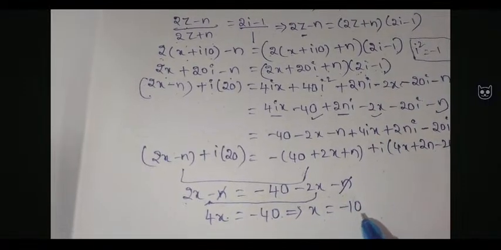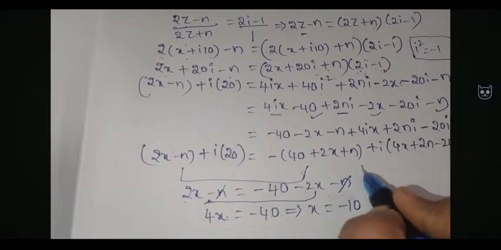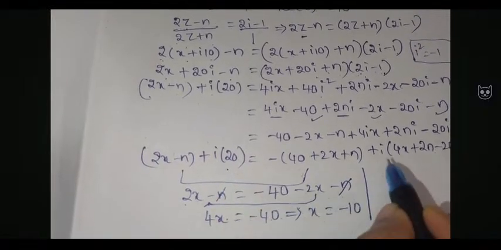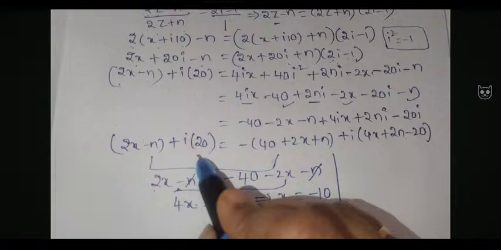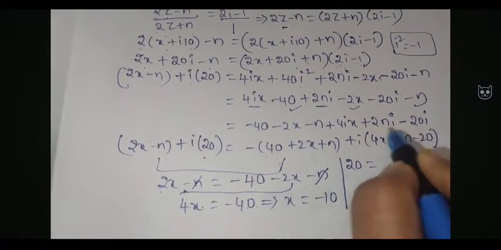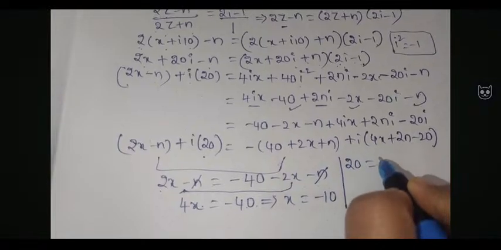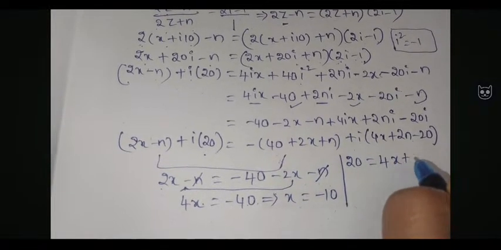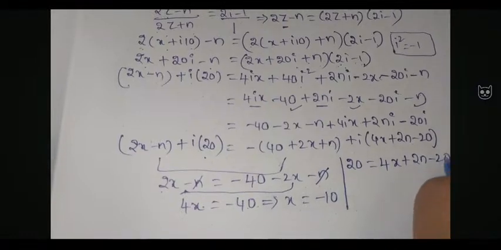So now write this x value in the imaginary part. Compare imaginary: on the left hand side the imaginary part is 20, equal to the right hand side imaginary part, 4x plus 2n minus 20.